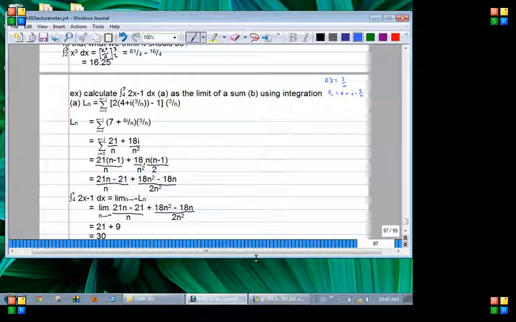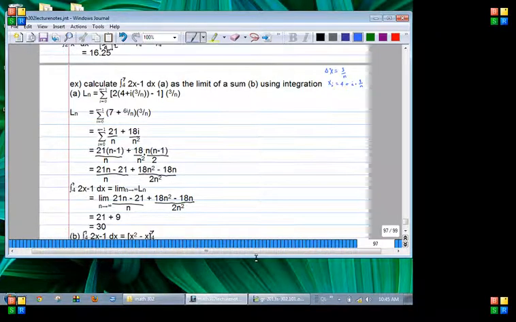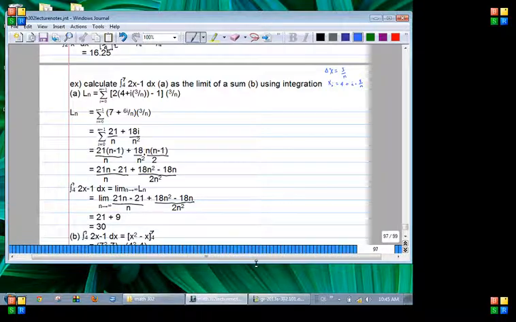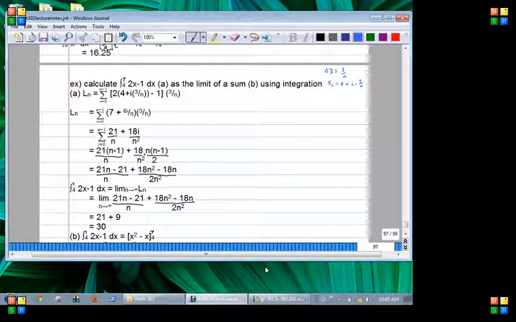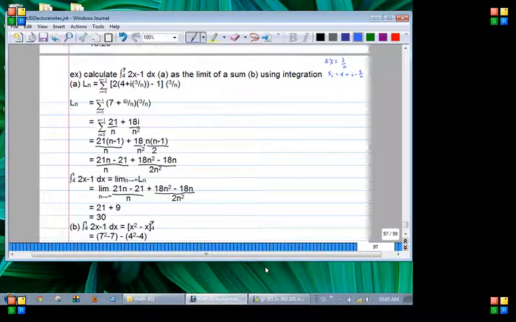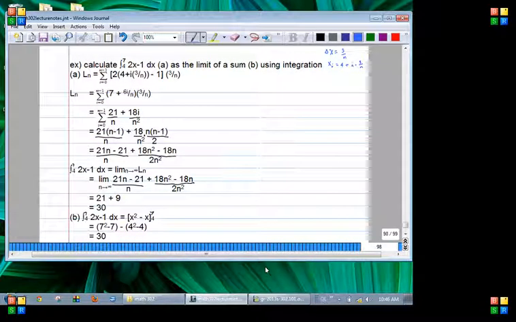So it's 30. So that's what you get if you use the sum, find ln, then take the limit of it. Or just take the integral. The integral of 2x minus 1 is x squared minus x, evaluated from 4 to 7. 7 squared minus 7 minus 4 squared minus 4 gives you 30.